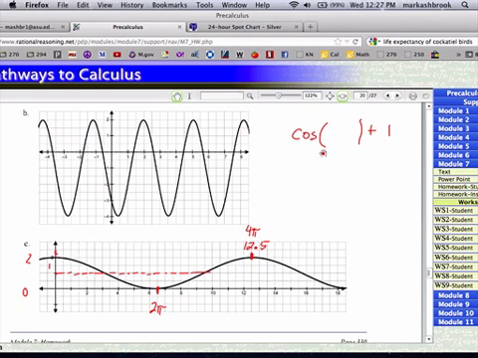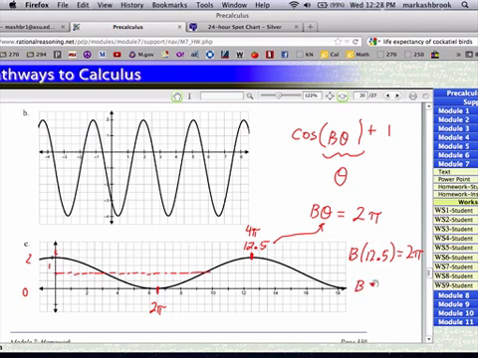So now, this thing in here is our input theta. It needs to be 2 pi when theta is, so which one do you want to use? Use 12.5. Okay, so inside here will look like this, b times theta. So b times theta has to be 2 pi, 1 cycle, when theta is 12.5. So b times 12.5, we ought to get 2 pi that goes into sine, or cosine, to make 1 full cycle.